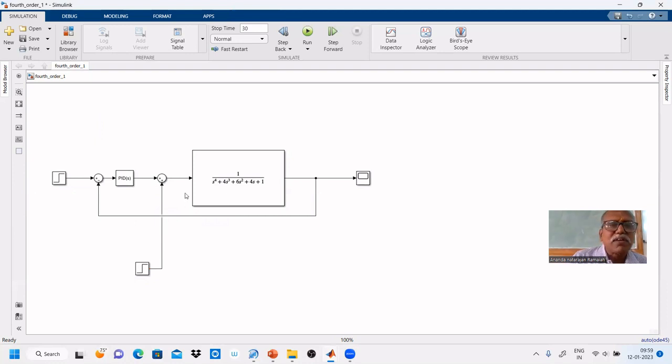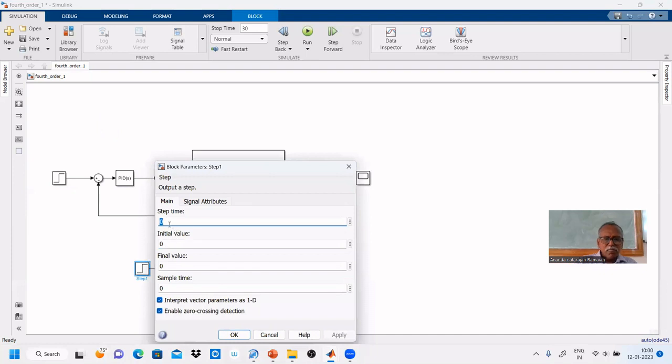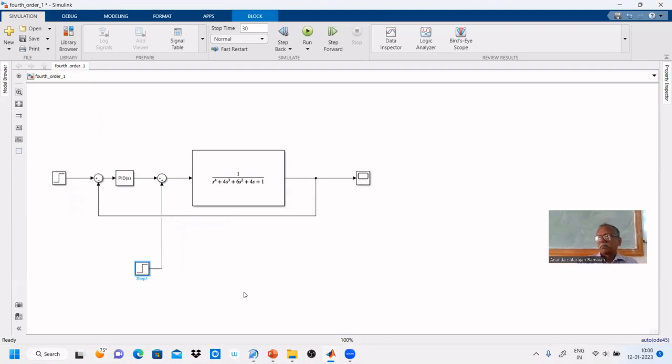So additional input is given here. This is plus sign only; you can put plus or minus. The additional input is again 0. Step time I can give the disturbance at 5. Final value is 1. I'm giving a step input. A disturbance is given here at the 5th second. Now we can simulate this.